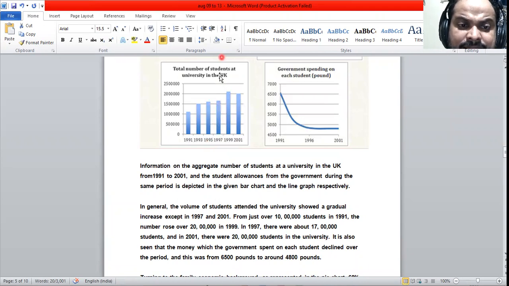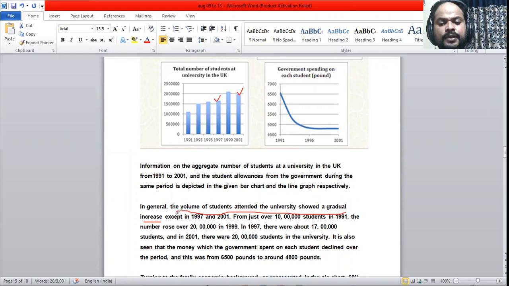We have already mentioned the period, 1991 up to 2001, so we don't need to repeat it. So I have said that in 1997 and 2001 we have exceptions.